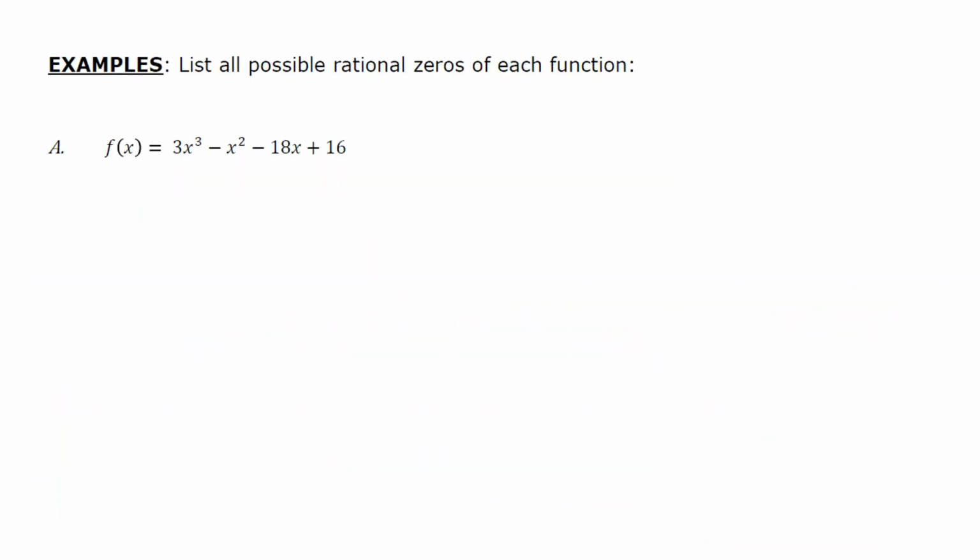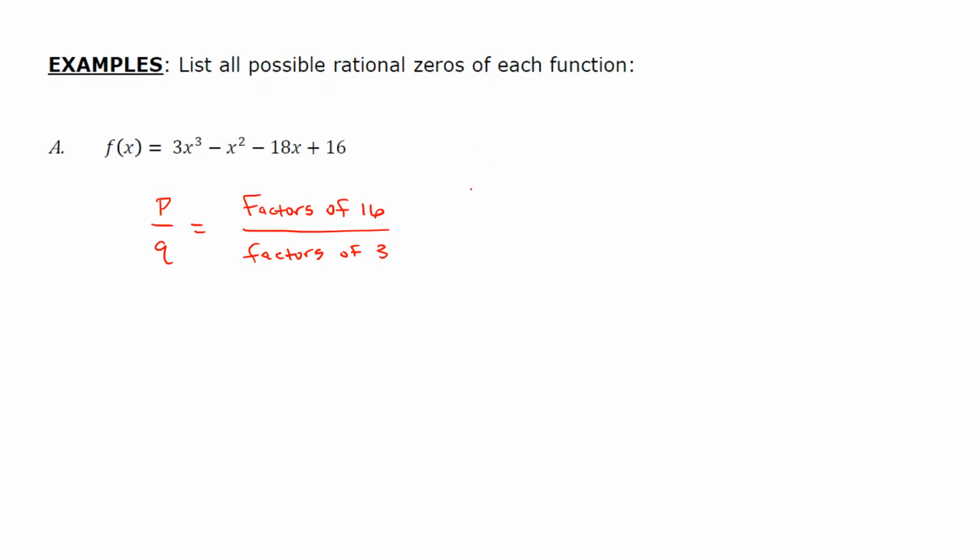So in our first example here, we're asked to list all possible rational zeros for each function. So for a, we have f of x equals 3x cubed minus x squared minus 18x plus 16. Okay. So we will take p divided by q, where p represents the factors of 16, our constant term, and q represents the factors of 3.